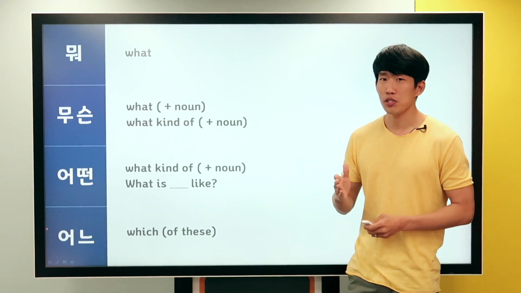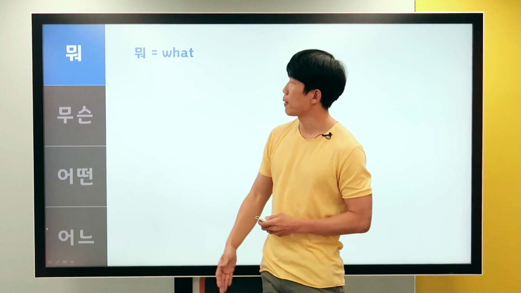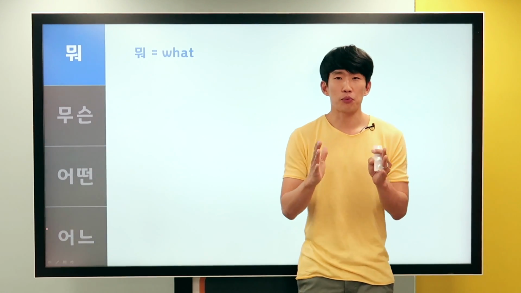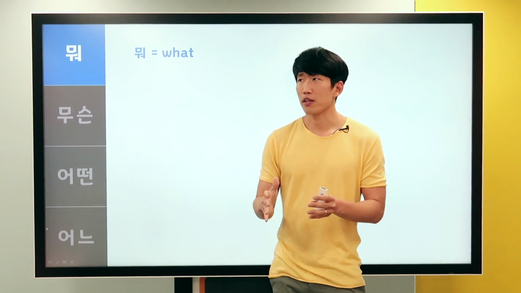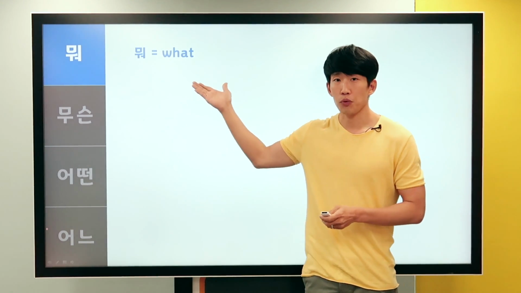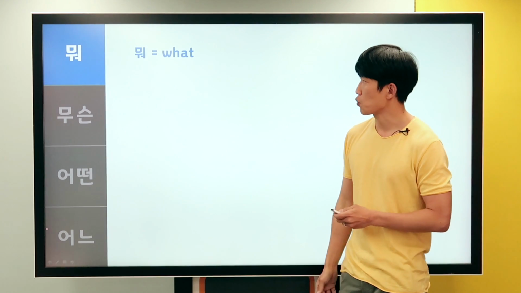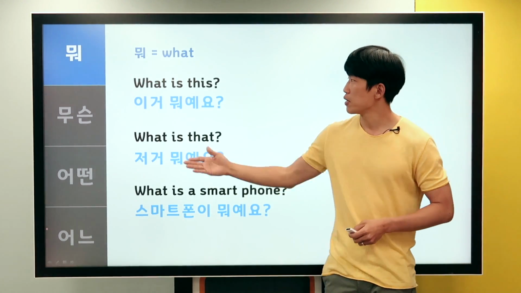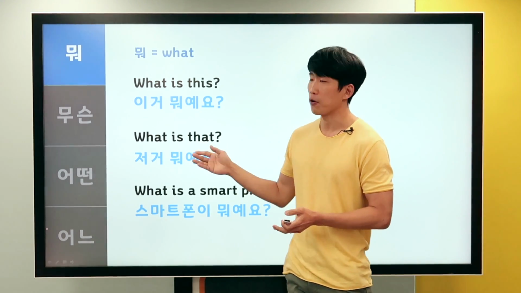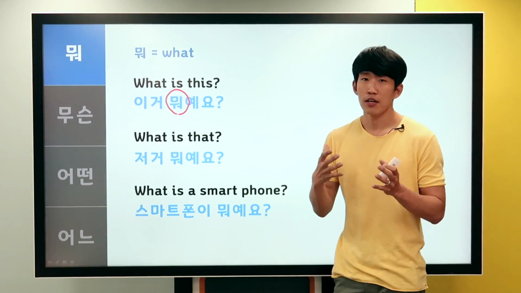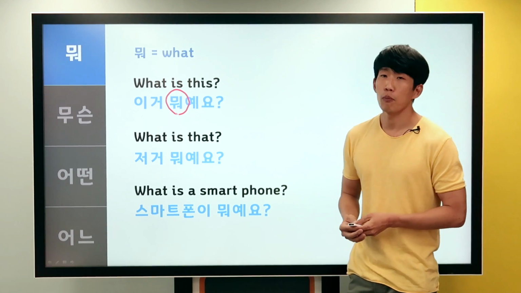So let's focus first on this one, 뭐. So 뭐 is a pronoun, and you can use it pretty much in the same way that you would use what as a pronoun in English. So here are some sample sentences. So whenever you want to ask, what is this? You say 이거 뭐예요? So 뭐 here is the pronoun 뭐. So 이거 뭐예요?